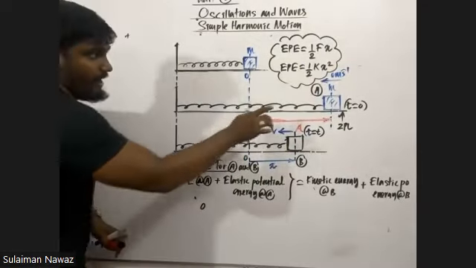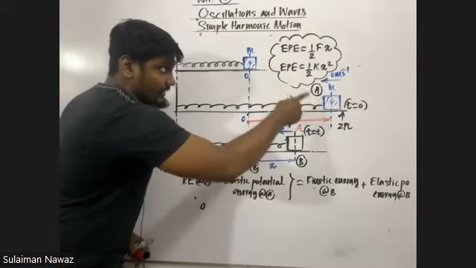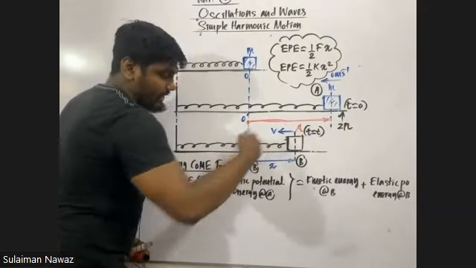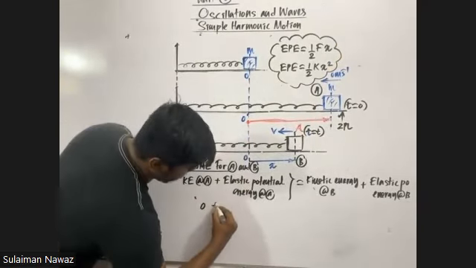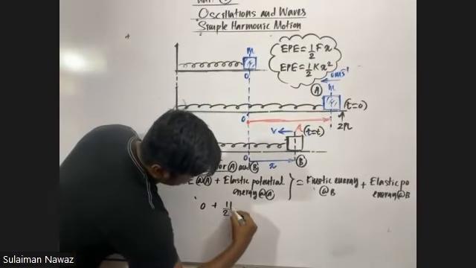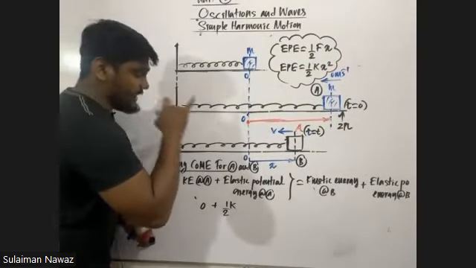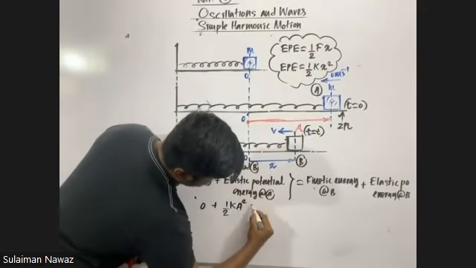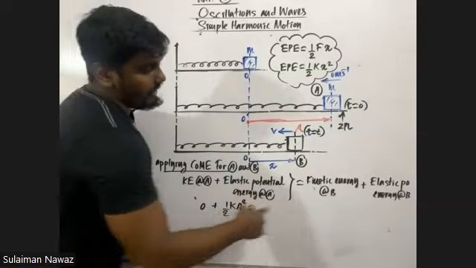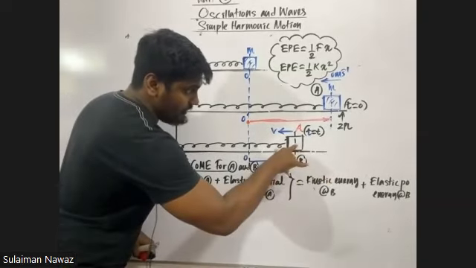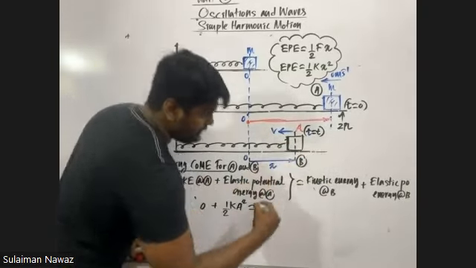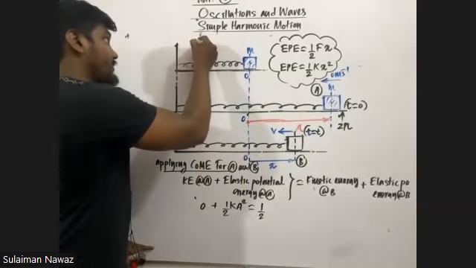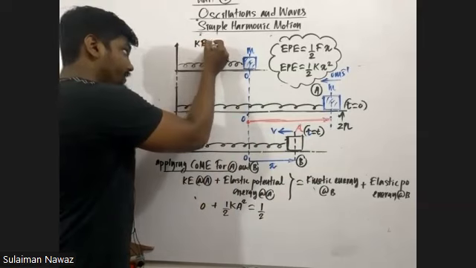Then at position A the extension is capital A. So I can say half k A squared, where k is the spring constant of the spring and the extension is capital A, must equal the kinetic energy at B. The mass of this object is m, and the equation for kinetic energy is half m v squared.